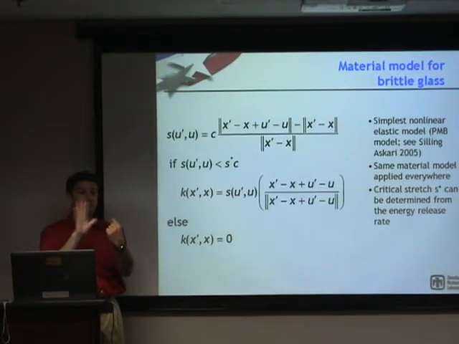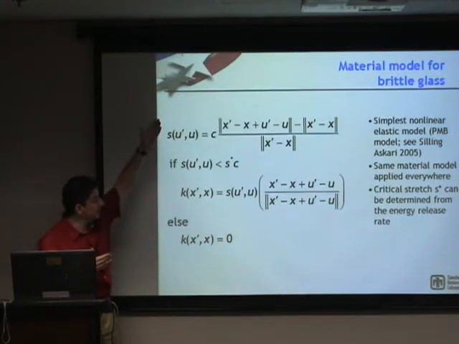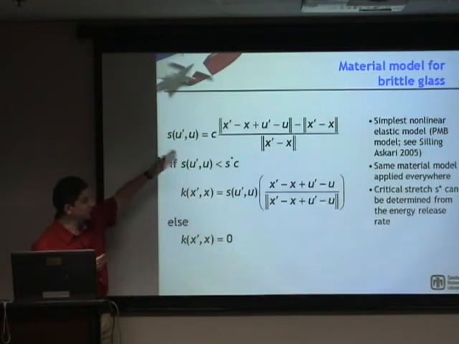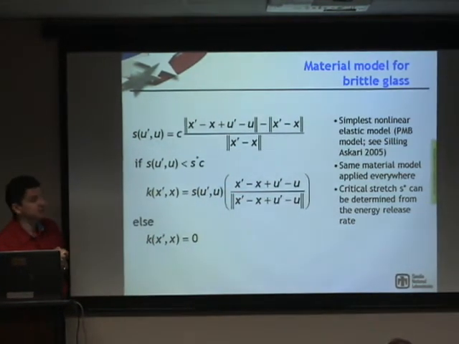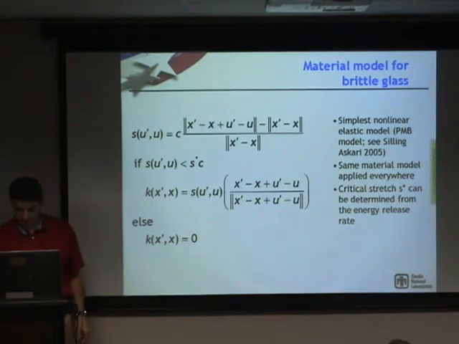That pushes the remainder of the springs to absorb the load. Then enough of the springs break, and that's where you have damage, and then it accelerates things. But the path of this was determined entirely by the model. No supplementary information was added other than this critical stretch S star.